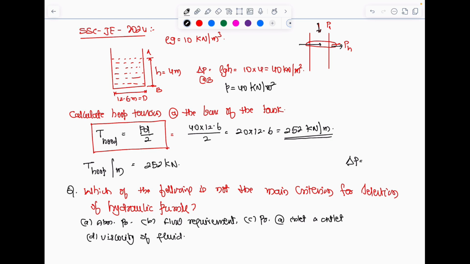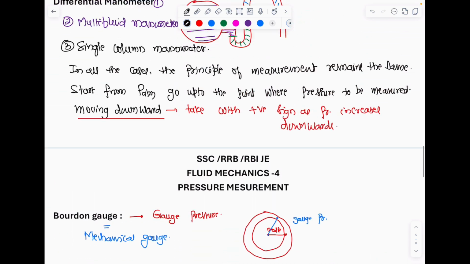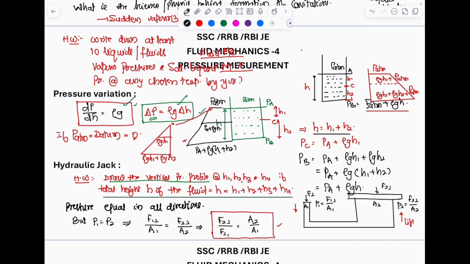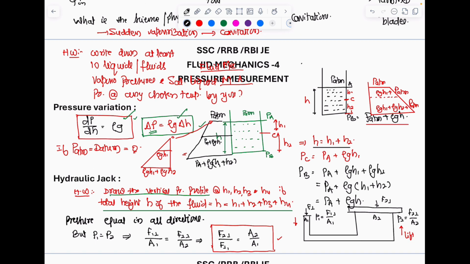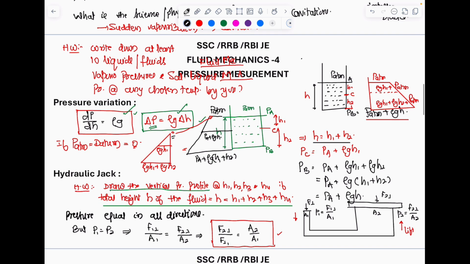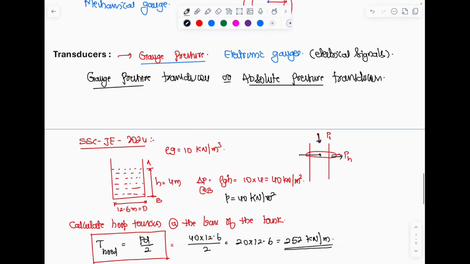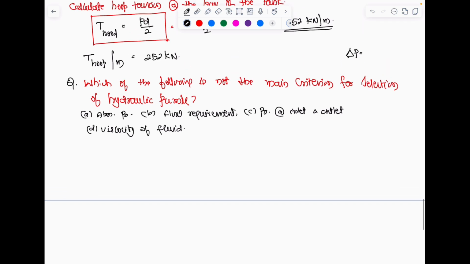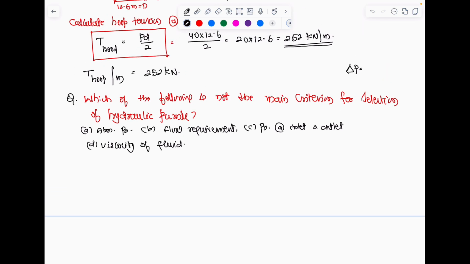That doesn't have any relevance, and it is used as a datum so that atmospheric pressure can be equated to 0. That's what I have told. Here, in this diagram, atmospheric pressure is almost taken as 0. Hence, without seeing the other alternatives, you can just say atmospheric pressure does not have any relevance.